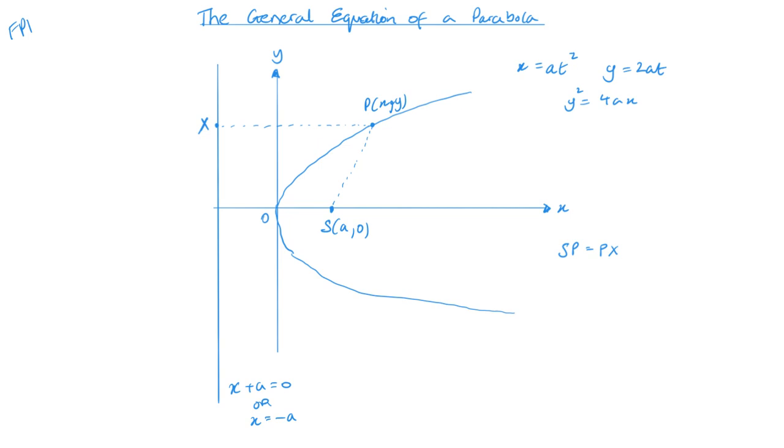They're the same distance. The focus S has coordinates (a, 0). The directrix has equation x plus a equals 0, or x equals negative a, and the vertex of the parabola is at the point (0, 0).